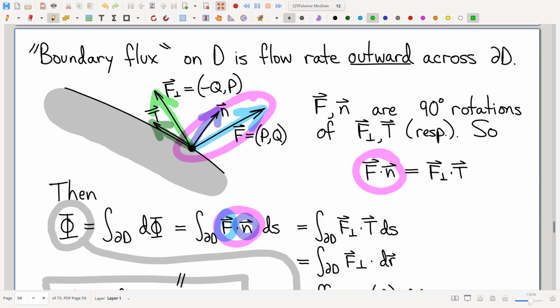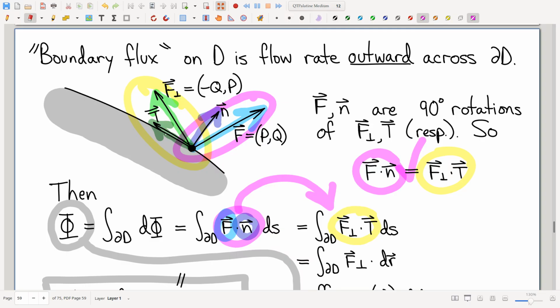Okay, so that dot product is equal to this dot product. The purple dot product is equal to the yellow dot product. And that allows me to rewrite that with that observation.